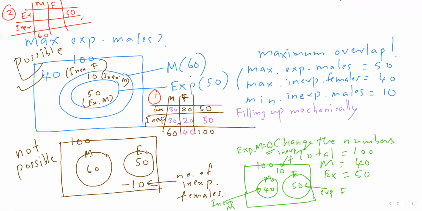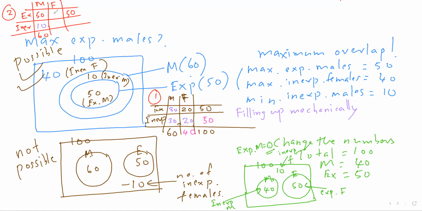And the other information that was given was that the maximum of experienced people are males. So that means in this case, as long as there are 60 men and 50 experienced people, all of them can be men. So now you can easily, mechanically fill up the rest.